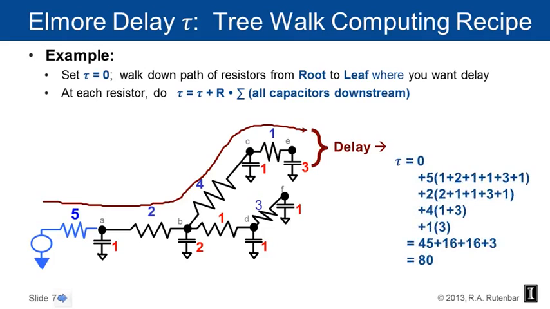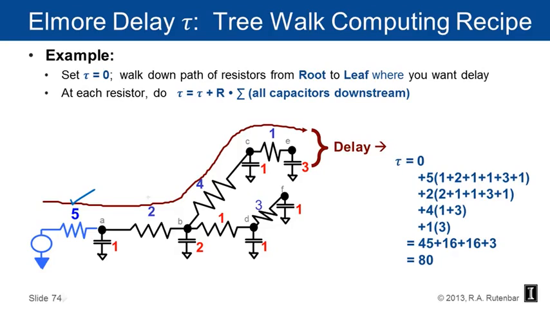The formula says you set tau to be equal to 0. And then you start walking down the resistors. So you walk down the resistor that's a value 5, and you add together all the capacitors downstream, which in this case is all the capacitors: 1 plus 2 plus 1 plus 1 plus 3 plus 1.